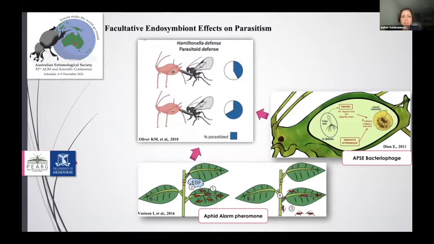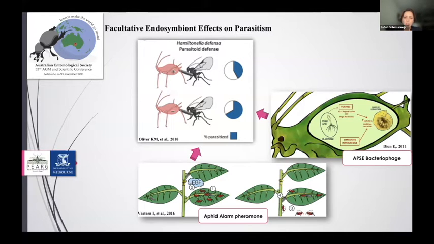When it comes to facultative endosymbiont effects on parasitoids, the most famous facultative endosymbiont in this regard is Hamiltonella defensa because it has a huge protection against the parasitoids. The mechanism behind it is APSE bacteriophage, or Acyrthosiphon pisum secondary endosymbiont, like a lambda-type virus inside the genome of Hamiltonella, which produces toxin and kills the larvae or egg of the parasitoids, preventing their further development.